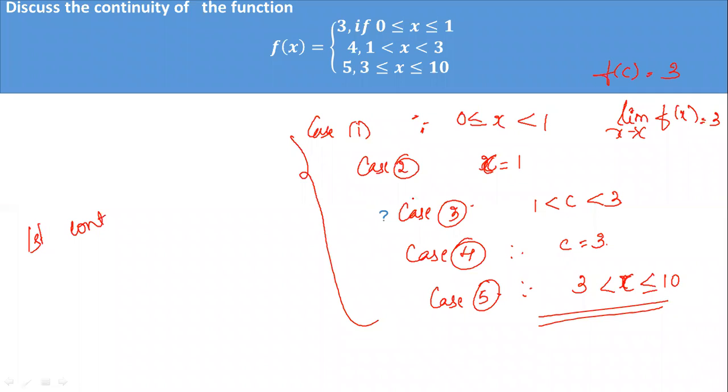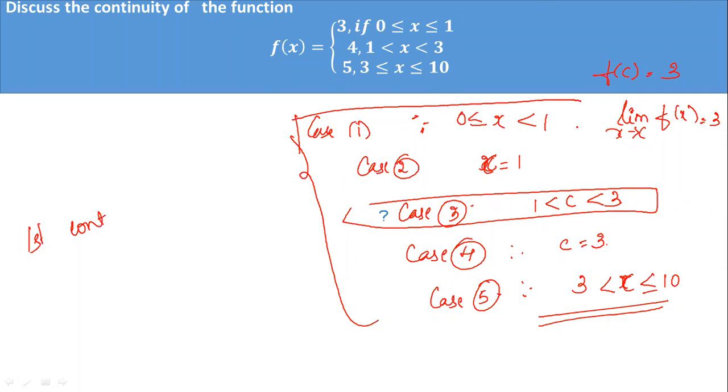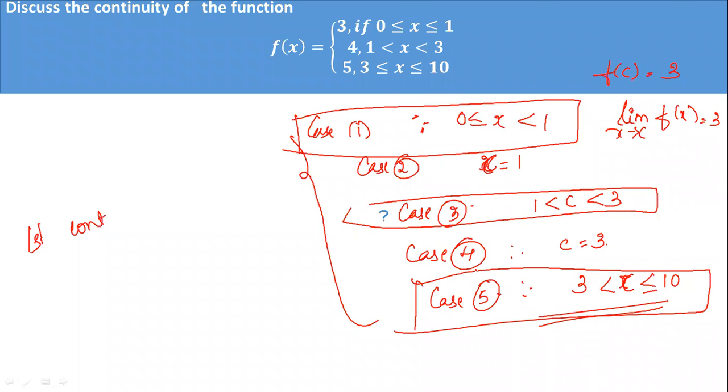What about case 3? I'll give you a hint. You have to tell me how you got the answer. So the first, third and fifth cases are continuous, and the second and fourth cases are discontinuous. You have to send me the answer.